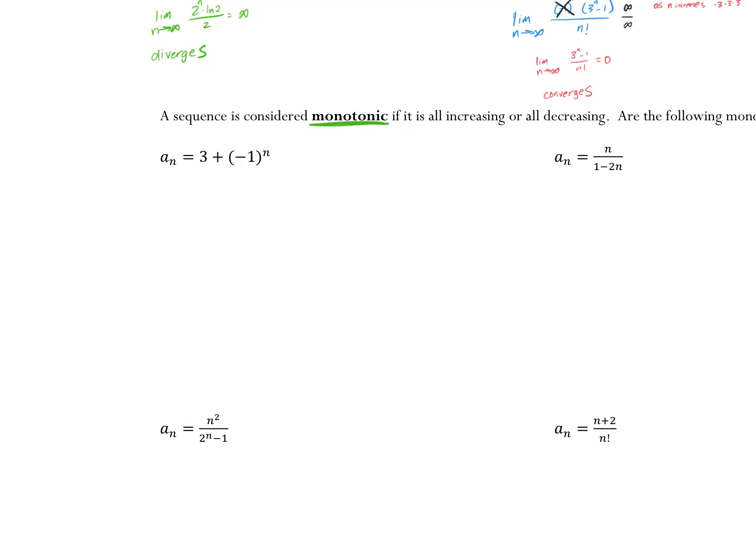If we're trying to decide whether a sequence is monotonic, the very first thing I would do is go by inspection and figure out the first few terms. So if I'm looking at this one, A1 was 2, I think, right? This is the same sequence we've been dealing with, so it's 2 and then 4. And the minute I get to this, so here it was increasing and now decreasing, this is not monotonic.